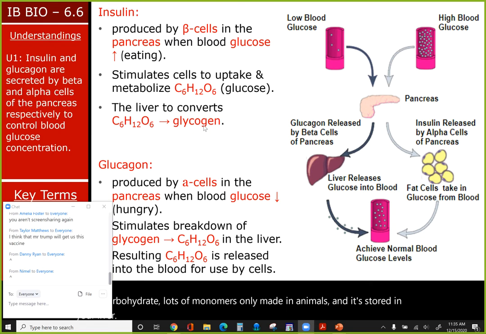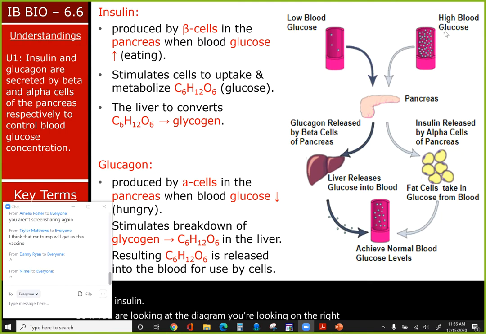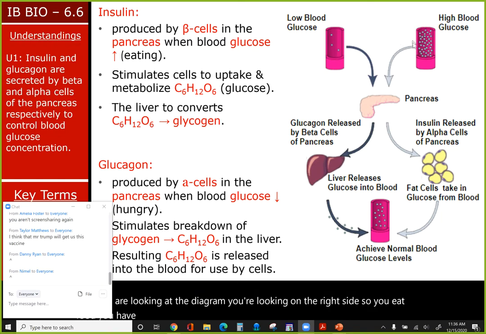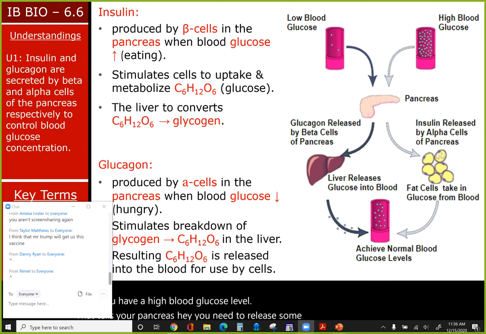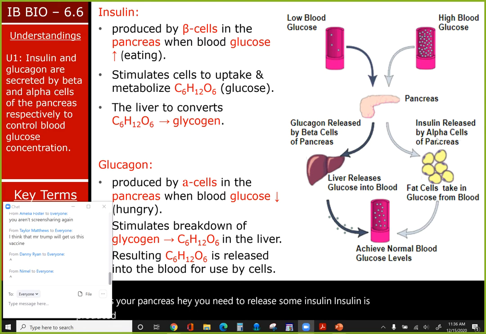So that's insulin. If you are looking at the diagram, you're looking on the right side. So you eat food, you have a high blood glucose level. That tells your pancreas, hey, you need to release some insulin. Insulin is produced by, that says alpha cells, not beta cells. That might be a mistake.